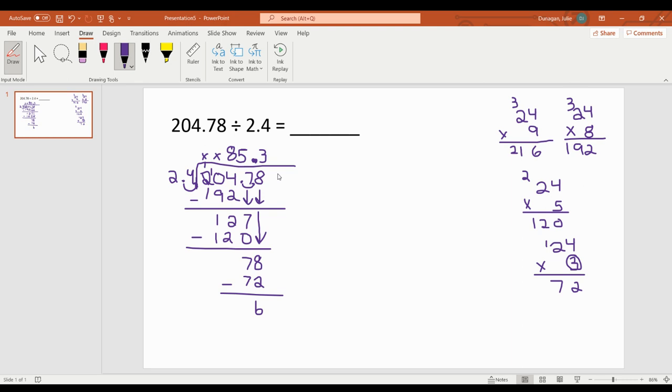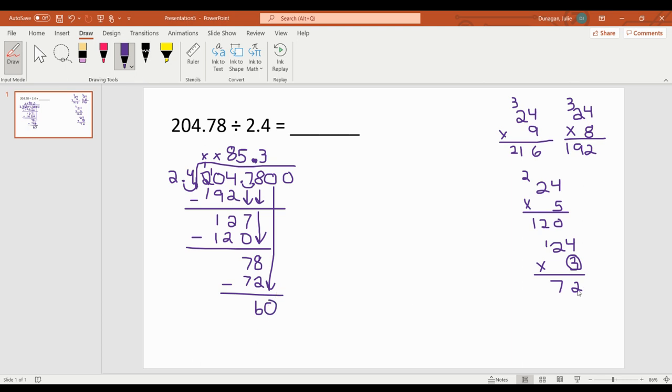Uh-oh. I ran out of numbers over here. Well, that's okay, because I can add as many zeros as I want without changing the value, right? So now I'm going to bring down my 0, and I have 60.